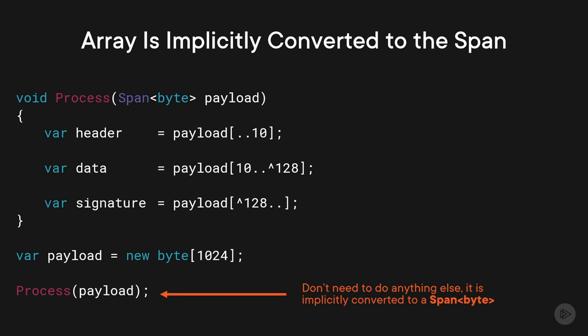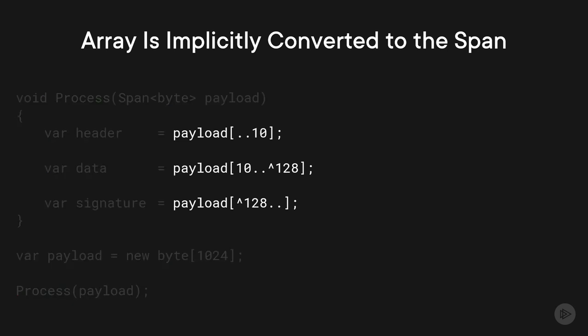Using spans makes it extremely memory efficient, especially if we need to use slicing throughout the methods. You can use the range syntax with the span, just like we saw before. The only difference is that it's much more efficient, because it's simply pointing to 2 positions in that original array. This will result in a span over the array.